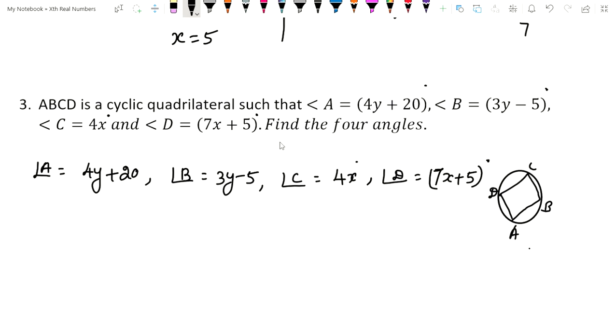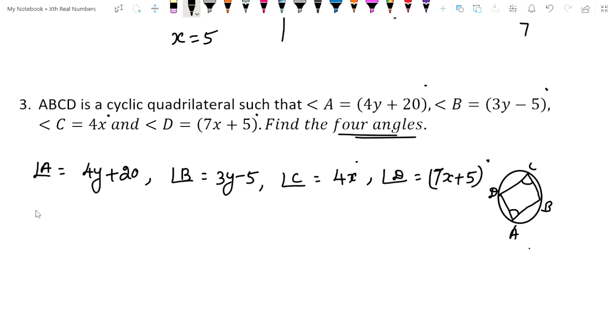Okay, so we are going to find four angles. Cyclic quadrilateral is given. We are going to find the four angles. Okay, angle A, B, C and D is given here. Okay, in the cyclic quadrilateral, the sum of the opposite angles, if we add this, what you will get? 180 degree.